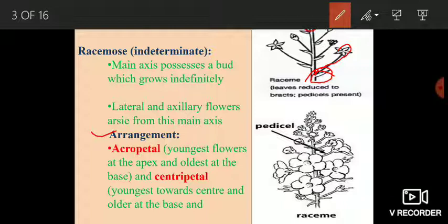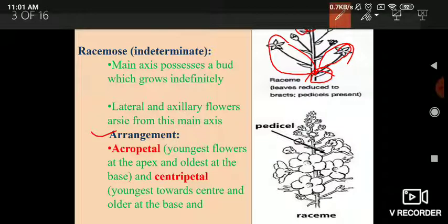In their axils flowers arise laterally. Now the arrangement of flowers in racemose type of inflorescence can be of two types. First one is acropetal. In this type, the youngest flowers are placed at the apex of the inflorescence and the oldest at the base. Here you can see this is the oldest flower and the younger ones are located at the apex.